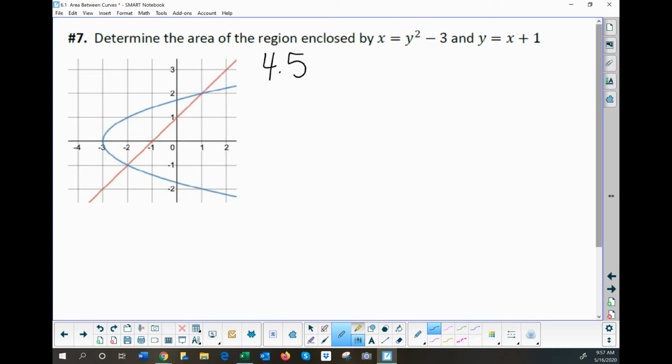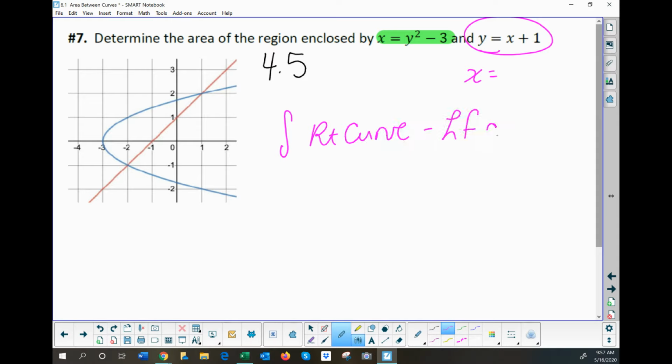You know, they gave you a little bit of a gift on this one. It's already solved for y's. So what you need to do is work on transferring this into an x equals as well, so that we can do the integral of the right curve minus the left curve.